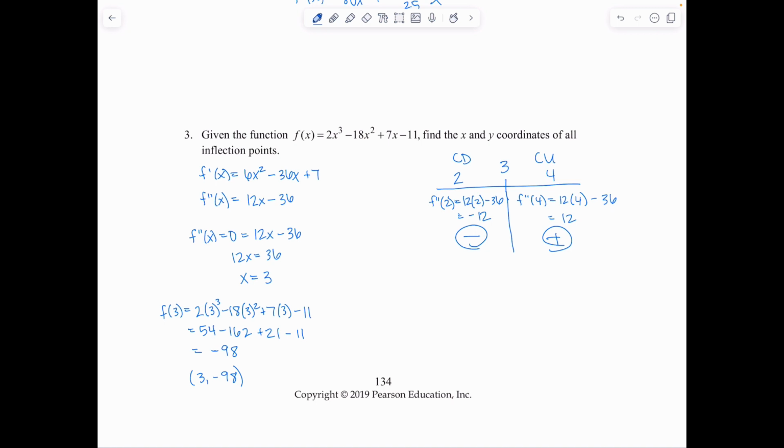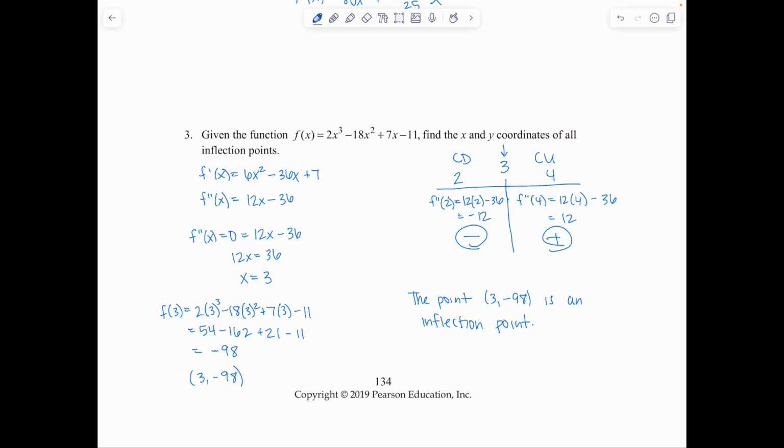And since it goes from concave down to concave up, 3 is in fact an inflection point. And so we can say the point 3, negative 98 is an inflection point.